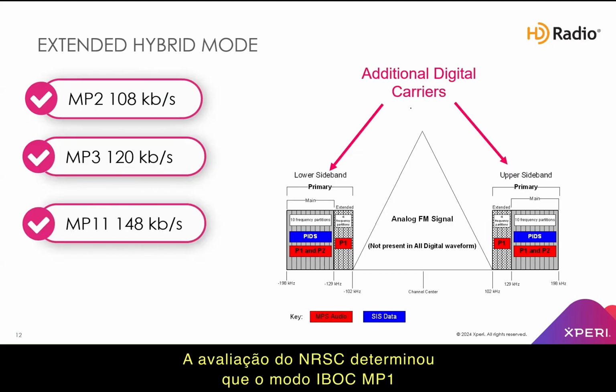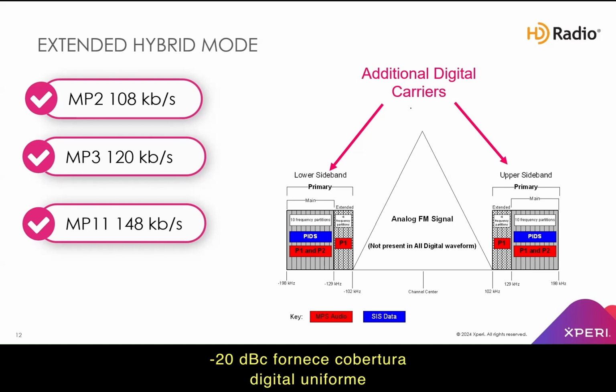The NRSC evaluation determined that iBiquity MP1 mode at minus 20 dBc provides uniform digital coverage to the 45 to 50 dBu signal level. Increasing the digital power to minus 10 dBc extends digital coverage to the 35 dBu level.